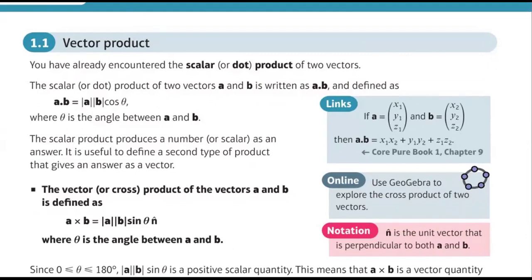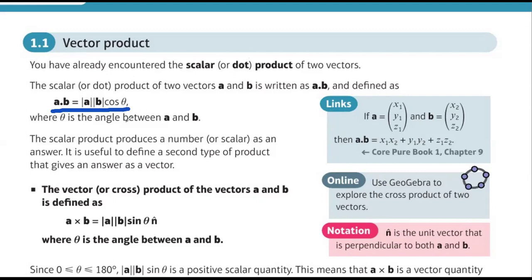We already studied about the scalar product. The scalar product is also known as the dot product of two vectors, A dot B. A dot B equals modulus of A, modulus of B, into cos theta.